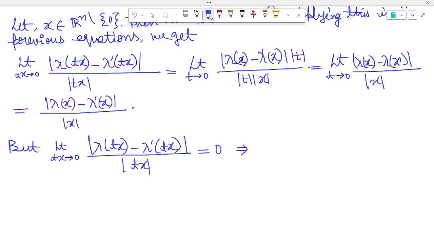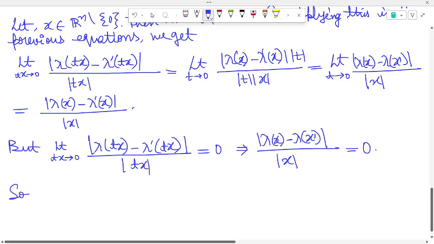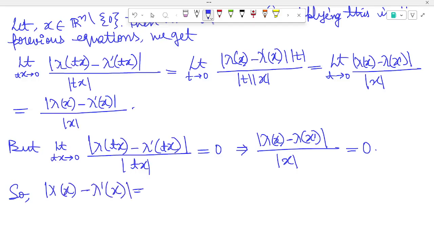But that is equal to this term. So lambda of x, this is 0.